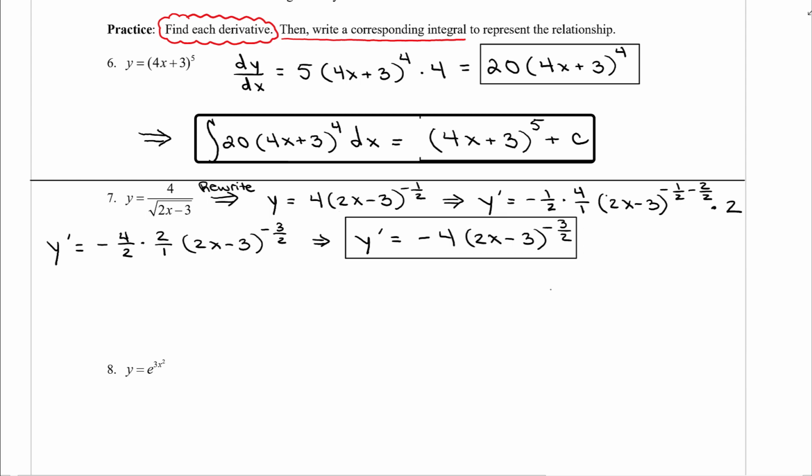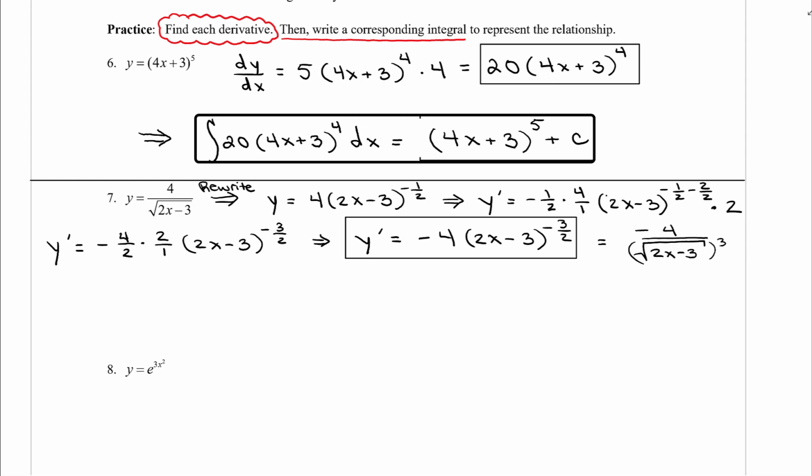And another way to write this answer, if you didn't want to leave it with a negative exponent, would be this way. This is also equal to negative 4 in the numerator of a fraction, over a square root of 2x - 3, with parentheses around the entire square root part, raised to the 3rd power.